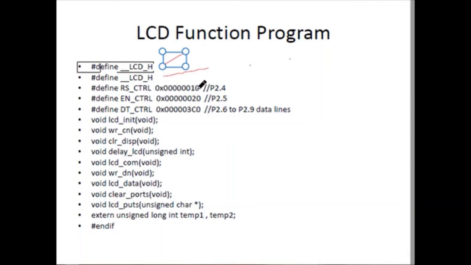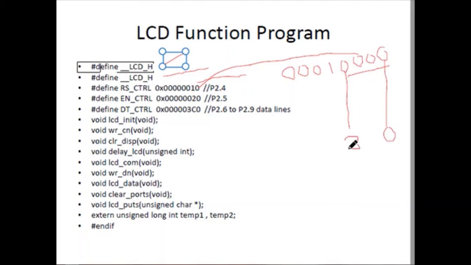Because this value is in hexadecimal. If you write only 10 in terms of binary, what we get is 0001 followed by four zeros. This first 0 and these first four zeros correspond to bit number 0, this is bit number 1, 2, and this is bit number 3.